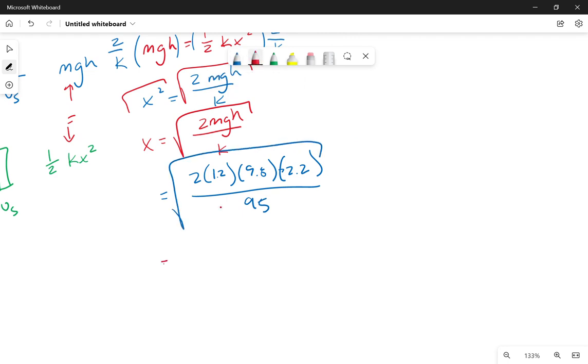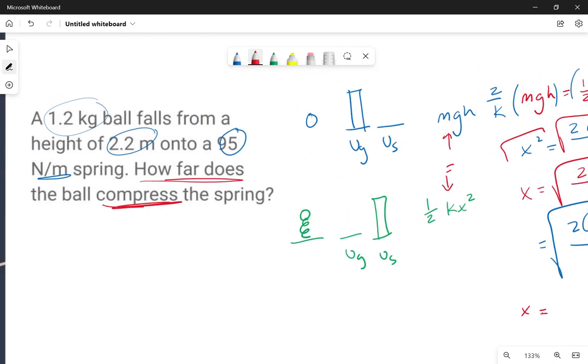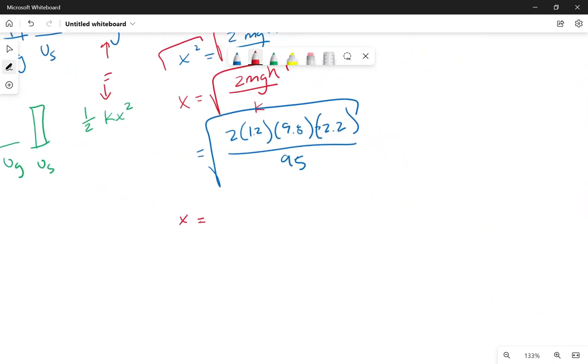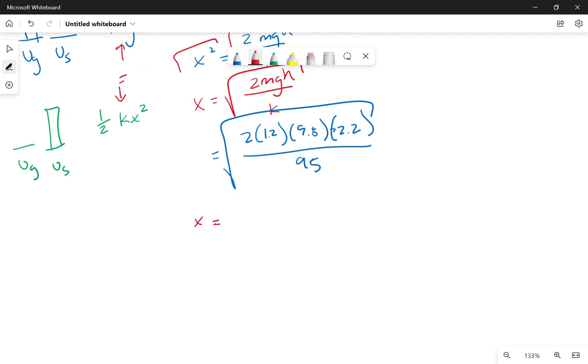And then again, off to the side, I'll use my calculator here. 2 times 1.2 times 9.8 times 2.2 divided by 95. Let me double check my numbers. Yep. And we're going to get that it's compressed a distance of 0.74 meters. And maybe we'd rather say that's 74 centimeters. So there's the answer to that one.